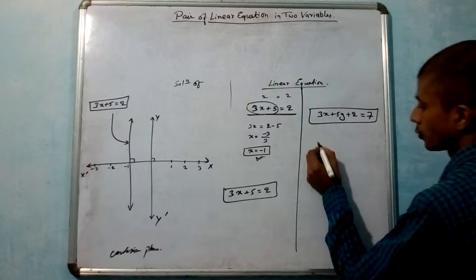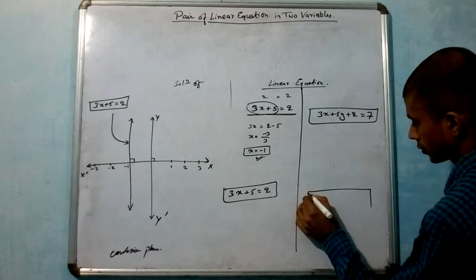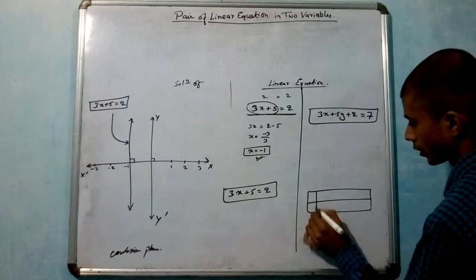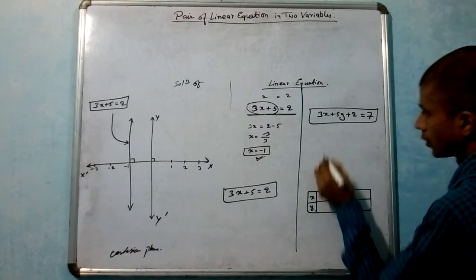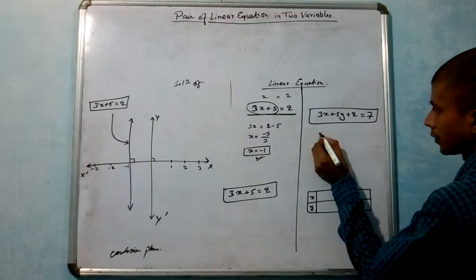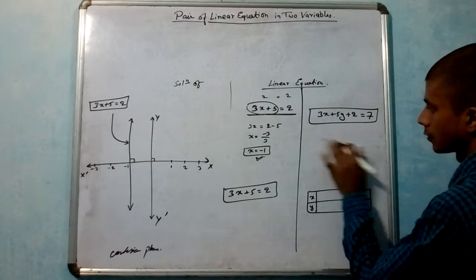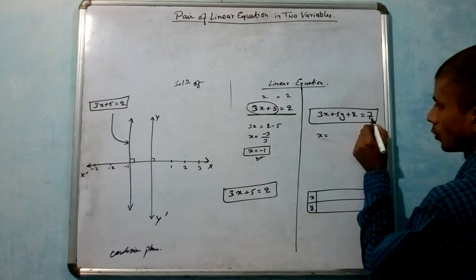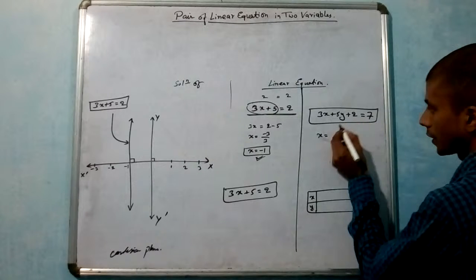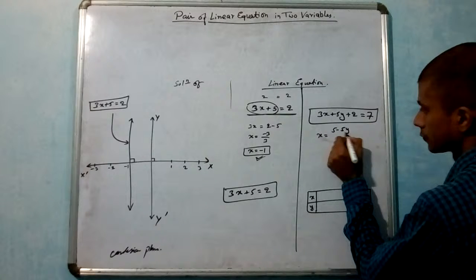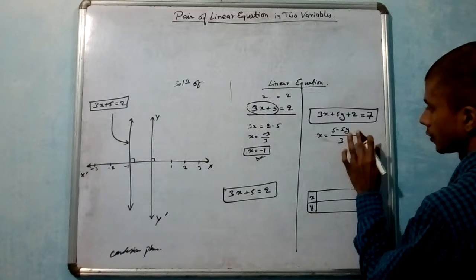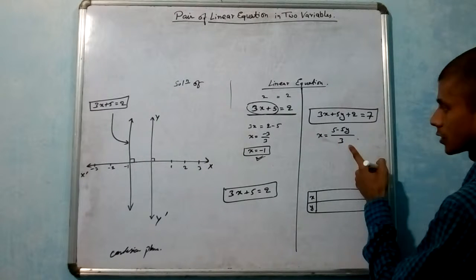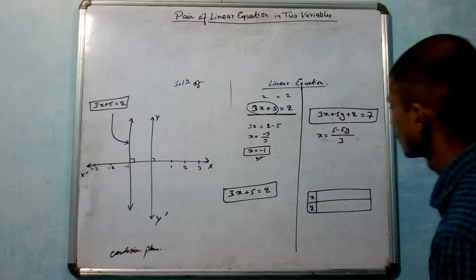If we make a table like this, with x and y, and try to find x, then what will happen? 7 minus 2 is 5, so x is equal to (5 minus 5y) by 3. From this equation we can get x equal to this much.